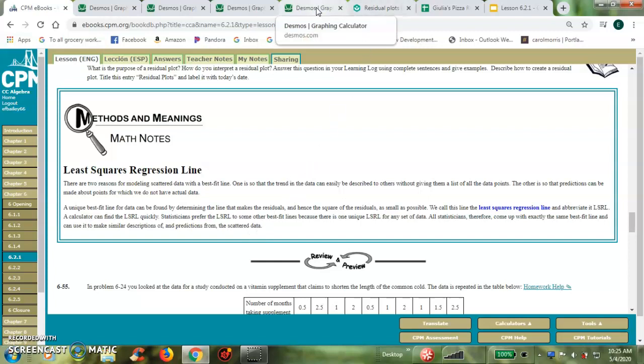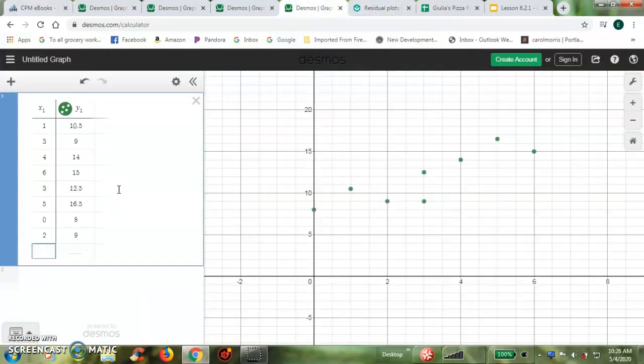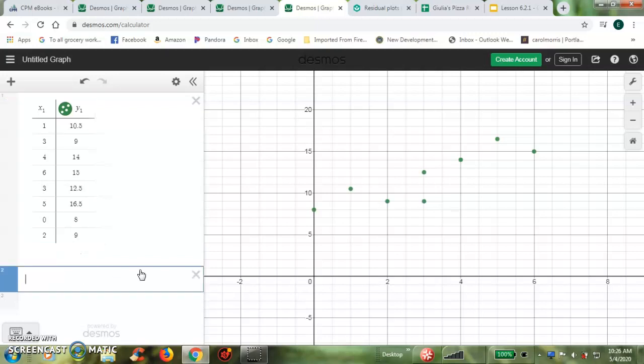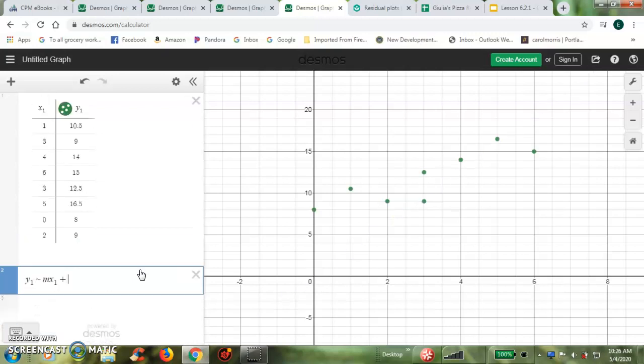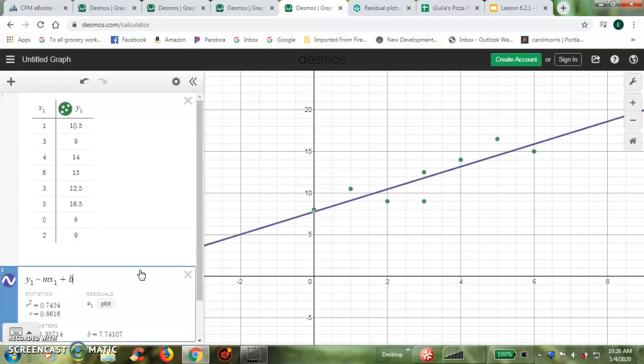What you'll see right here is I have loaded the data that Julia picked up from the pizza places. Now I'm going to put in the formula for the LSRL. Remember, that's y1 ~ m x1 + b.